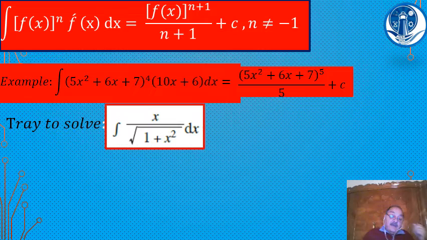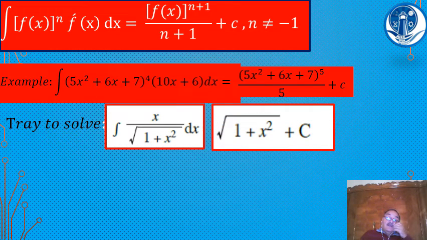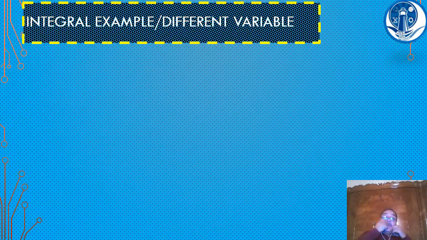Okay, can you solve it? What do we have to do? Try to find the answer. Okay, it will be root 1 plus x squared plus c. Why? You have to find your answer.